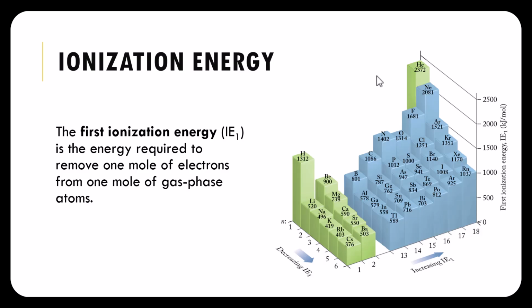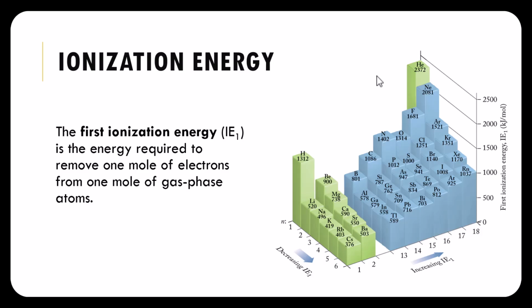Something that has a high ionization energy is going to be holding on to that electron very, very tightly. So the more affinity, or the more that atom wants to keep the electron, the harder it is going to be to remove it, which would result in a higher ionization energy. So high ionization energy, really hard to take that electron away.